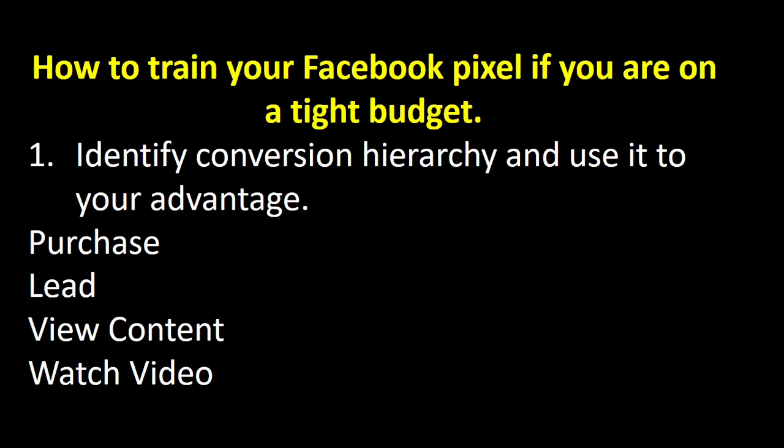If you can tell Facebook to go and look for people that look like them, then definitely purchase is going to come out of them, because purchase comes out of people that watch your video, some set of people that view your content. Then it also comes from people that opt into your lead. So that is how you are going to do it.